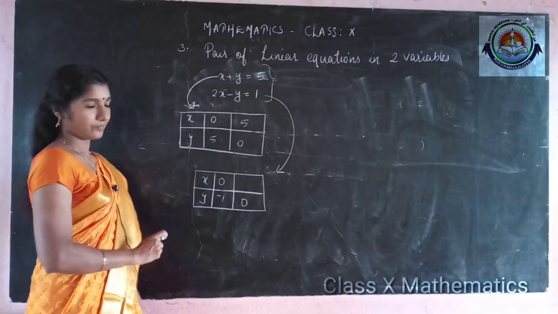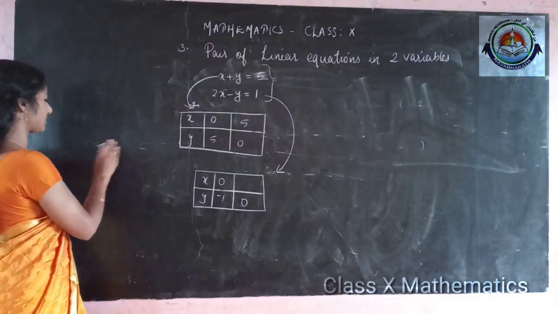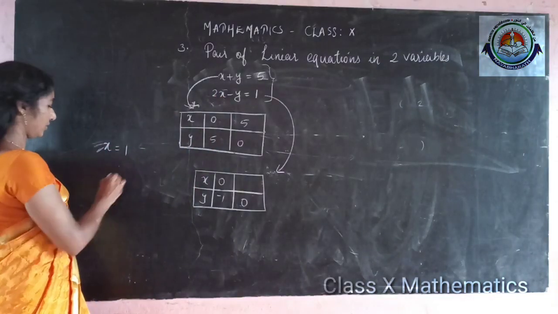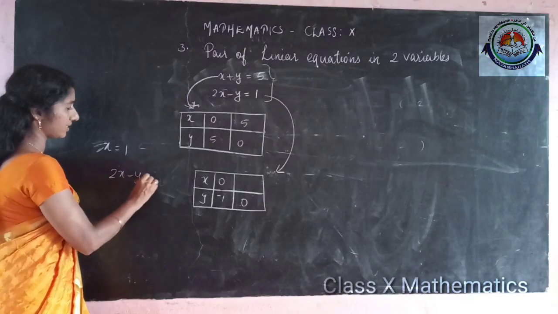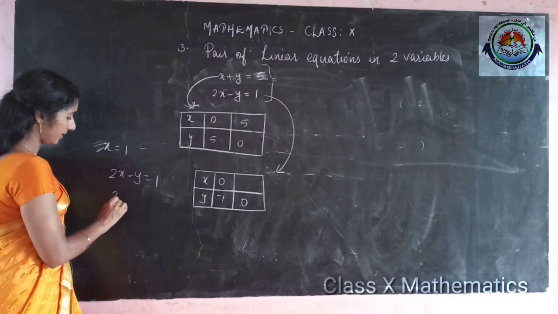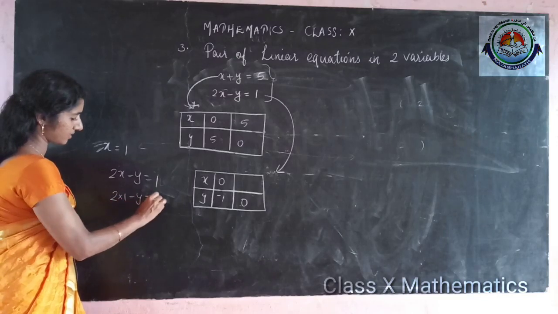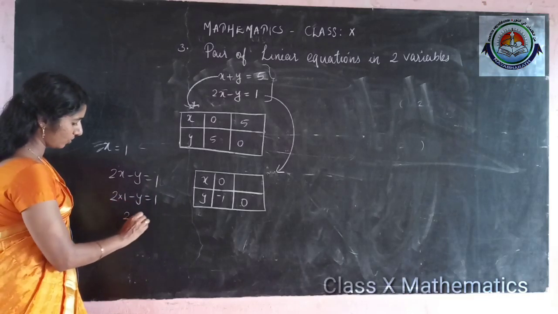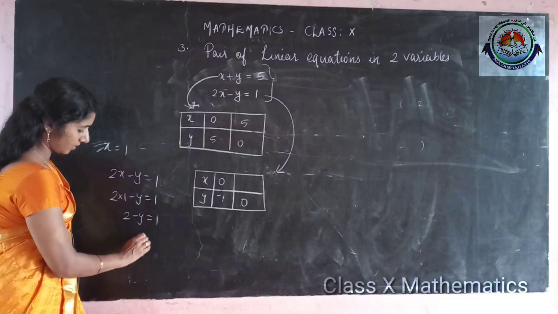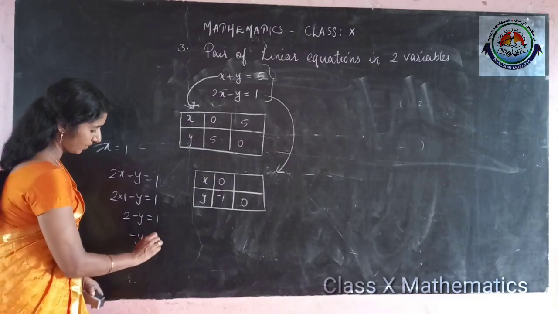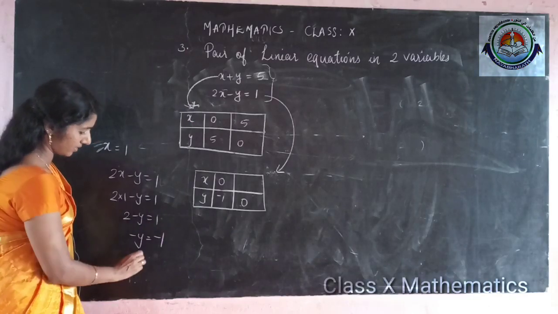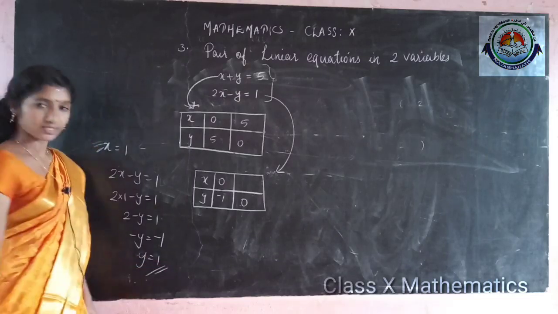Suppose you give x equal to 1. In 2x minus y is equal to 1, that means 2 into 1 minus y is equal to 1, so 2 minus y is equal to 1, that means minus y is equal to minus 1. So y is equal to 1.